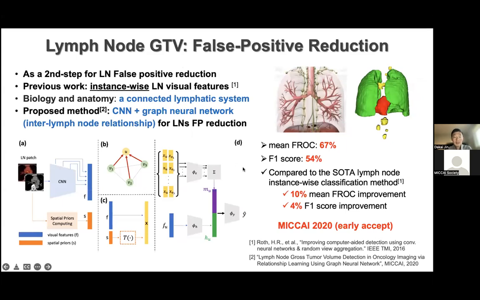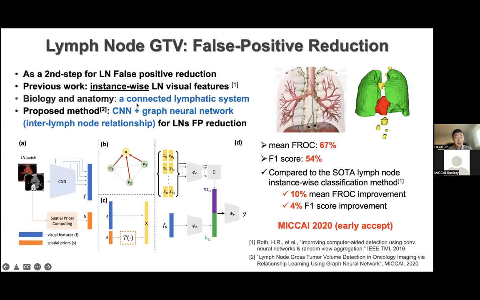So next, the previous work segments the candidates of those GTV lymph nodes, and there is a follow-up work. Based on those candidates, they can further train a classifier to determine if a lymph node candidate is malignant or not. This second step is a work in MICCAI 2020.